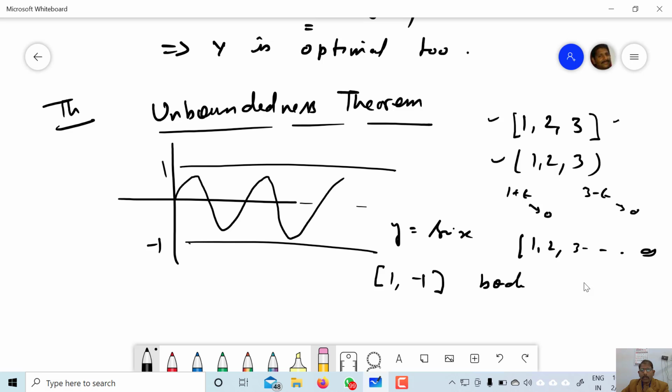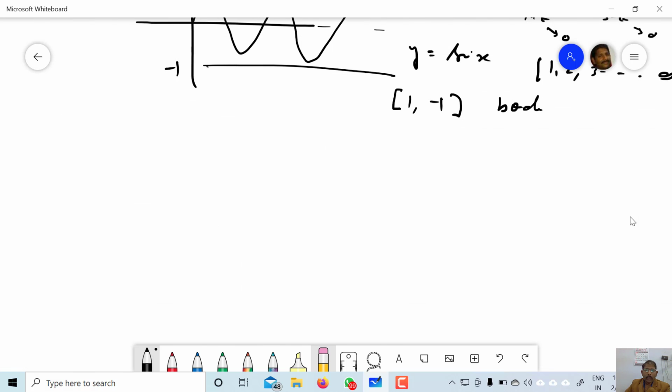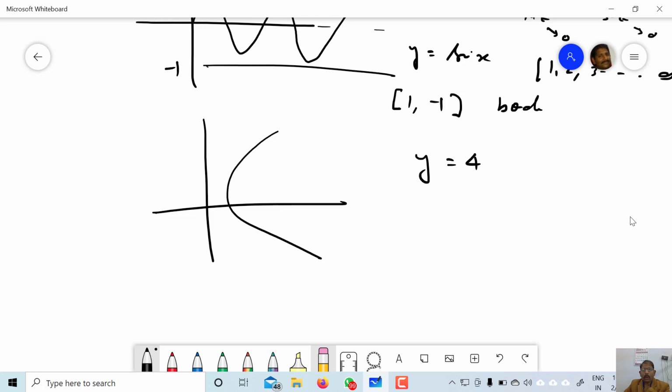But if I draw a parabola, y squared equal to 4x, it is unbounded because there is no upper limit of this curve. So this is the difference between bounded and unbounded.